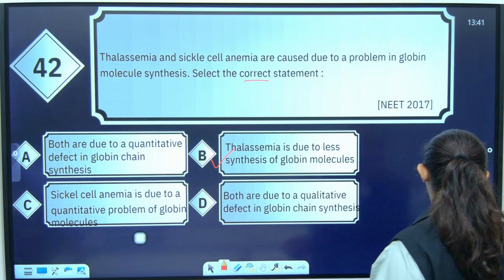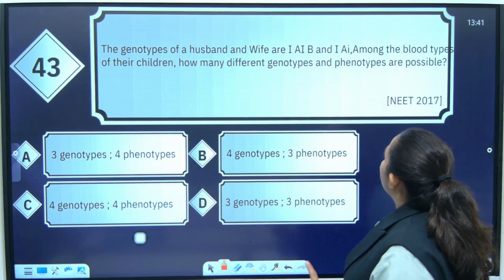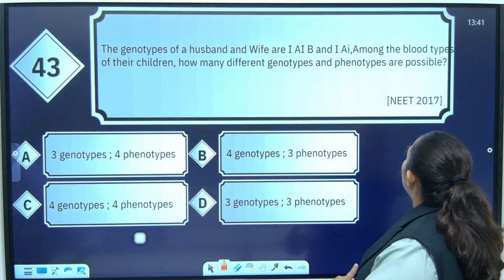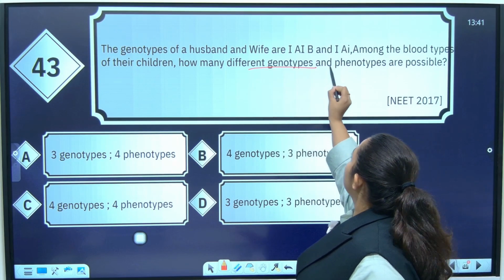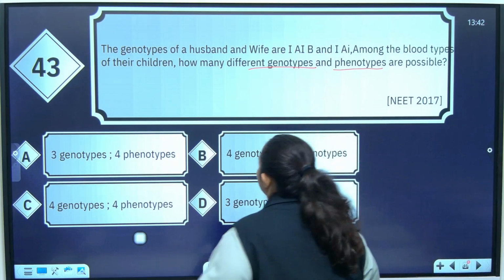Okay. Next question. The genotypes of a husband and wife are IAIB and IAI. Among the blood types of the children, how many different genotypes and phenotypes are possible? So how do we solve this question? Let's see.